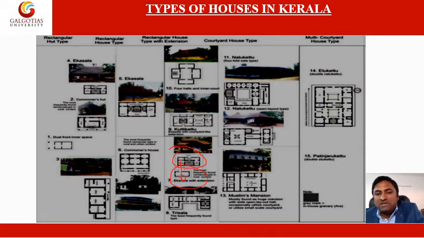But Muslim mansions don't follow Hindu custom, but they follow the courtyard system. That's why they come in this column. And there are also a few bigger houses like Ilukettu. Ilukettu is a multi courtyard house.